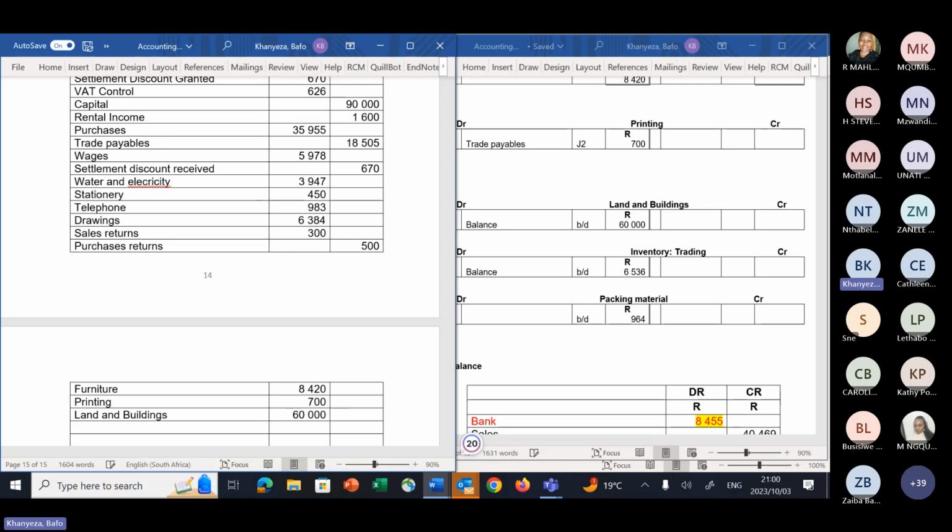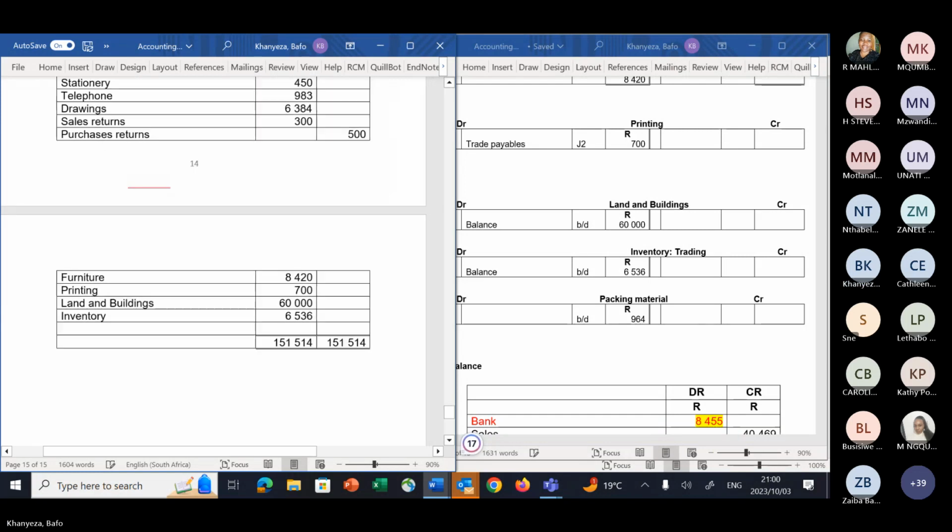Then I have inventory, $6,536. Then I have packing material, $964. Then you have the total.